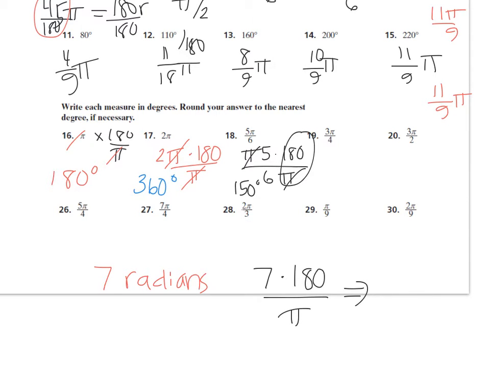So you're still going to multiply it by 180 over pi. Realize that this is going to be an irrational number because you're dividing by pi. Here you divide by pi, but these pi's cancel out. That's why you got a whole number for these answers. But if you start out with something like 5.2 radians, you're still going to multiply it by 180 and divide that by pi.